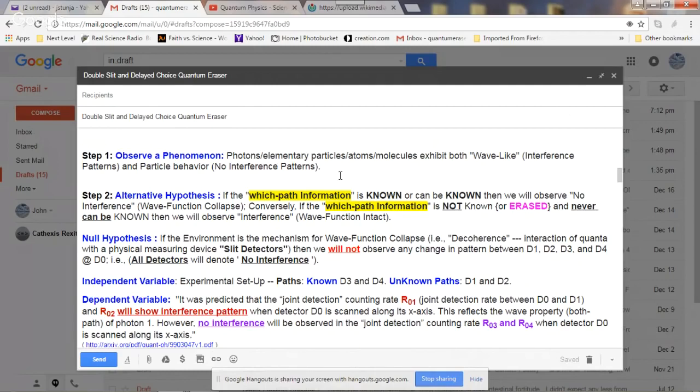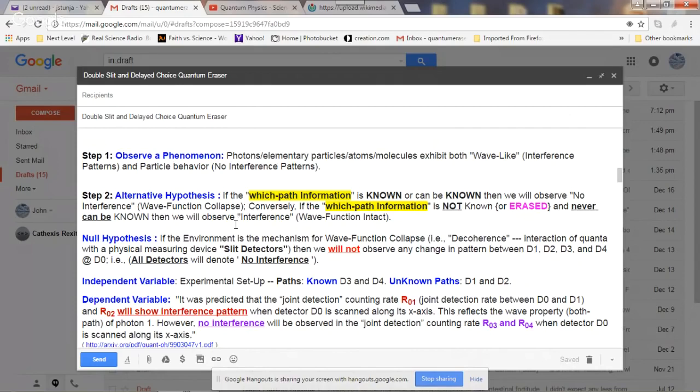particle behavior, that's no interference pattern. Step two, whenever you have a hypothesis test, you always have two hypotheses. One's the alternative and one's the null. The alternative is: if the which-path information is known or can be known, then we will observe no interference. Conversely, if the which-path information is not known, or it's erased and never can be known, then we will observe interference.